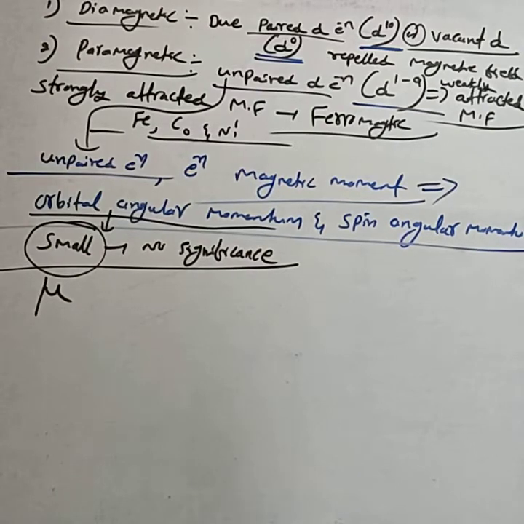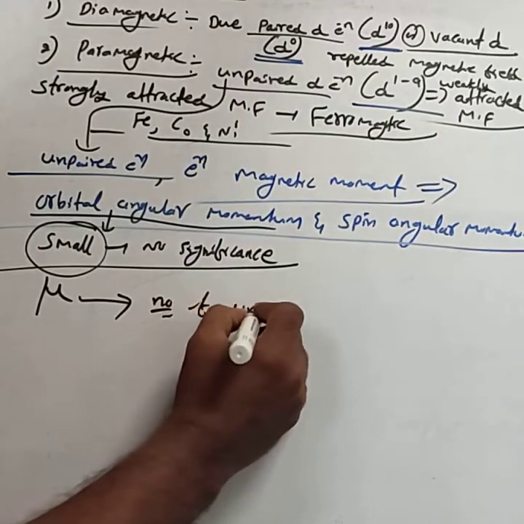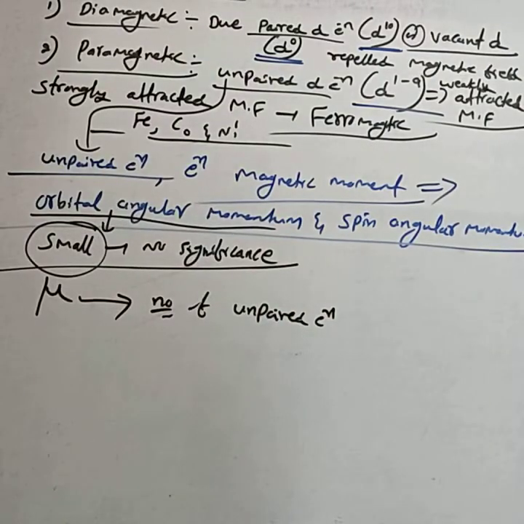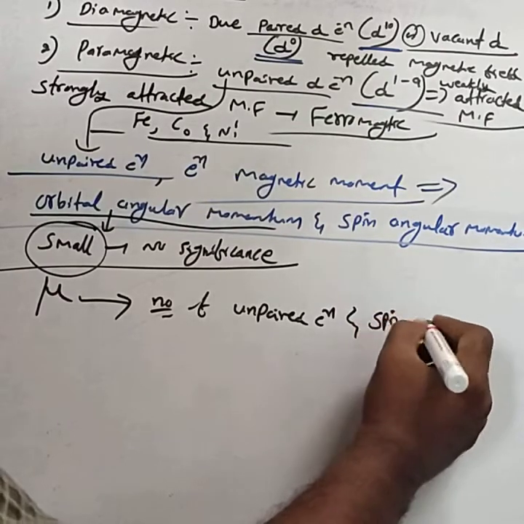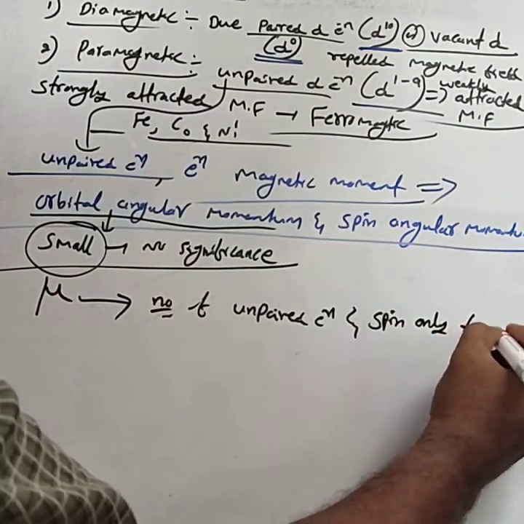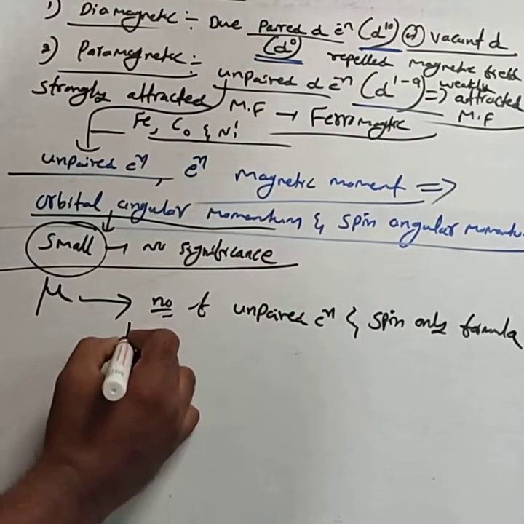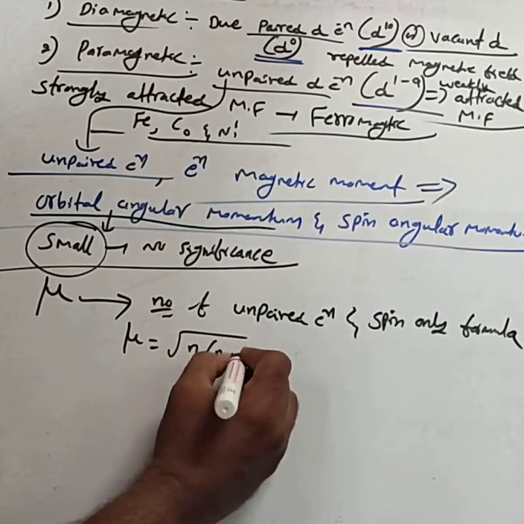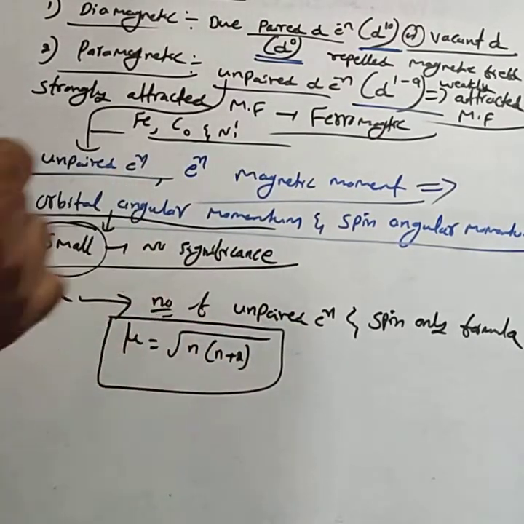The magnetic moment is determined by the number of unpaired electrons and can be calculated using the spin-only formula, given by mu is equal to root of n into n plus 2. This is the spin-only formula, very important.